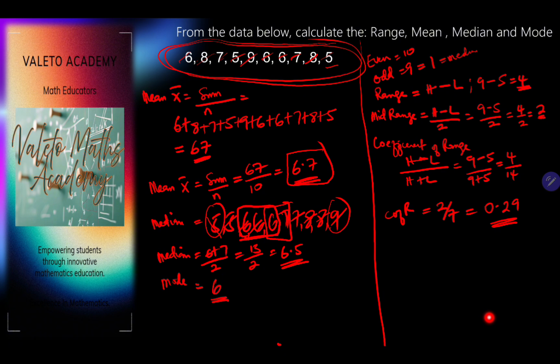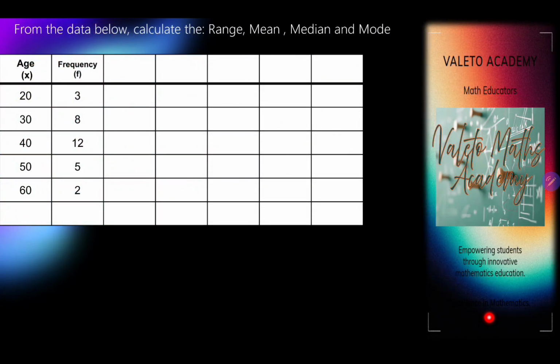Okay. So that's it. As simple as that. That's how you get your mean, median, and mode. Okay, we'll take another example. This is asking us to calculate the range, the mean, the median, and the mode again. This is a bit different because the data is put in a table.